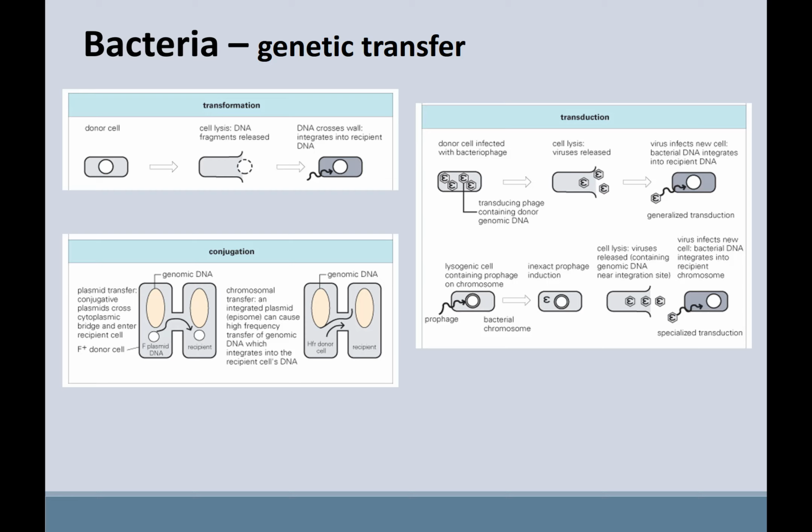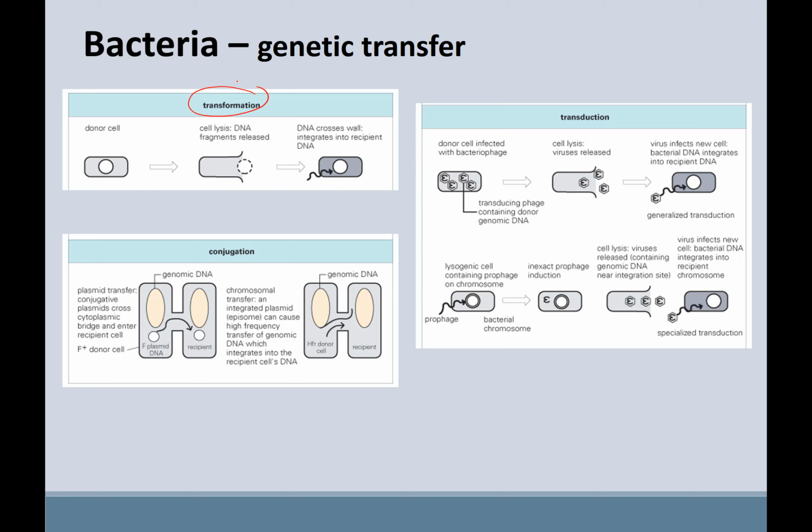A couple other things to understand about bacteria is that we talked about cell division is basically making clones or identical copies of the bacterial cell. Bacteria, to evolve, need to get new genetic information. So that can always happen by mutation, but mutation is slow, and mutation doesn't necessarily give you brand new characteristics. So bacteria can actually get new genes, new genetic information from outside sources. So one is called transformation.